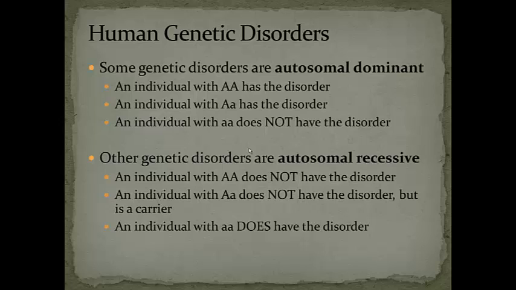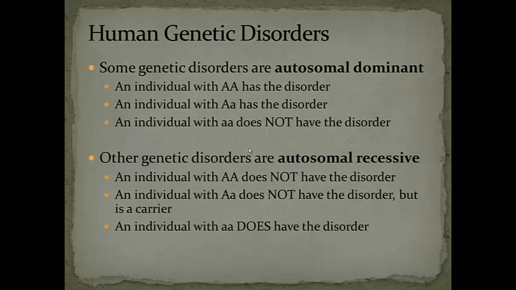And then there are disorders that are autosomal recessive, where an individual that is homozygous dominant does not have the disorder. An individual who is homozygous recessive does have the disorder. Where this gets interesting is with the heterozygotes, because they don't have the disorder, but they carry the disorder.